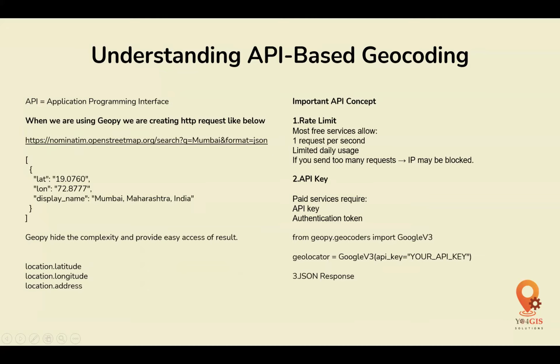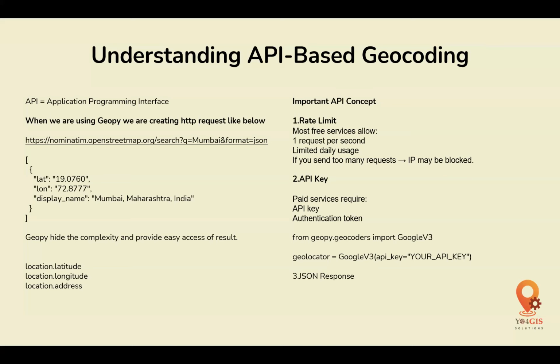Now after that, understanding API based geocoding. What is the meaning of this? See, in this webinar there are many things we are going to use, and I will try to explain each and every word that comes in our roadmap.